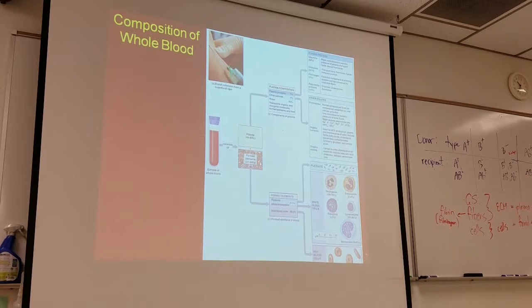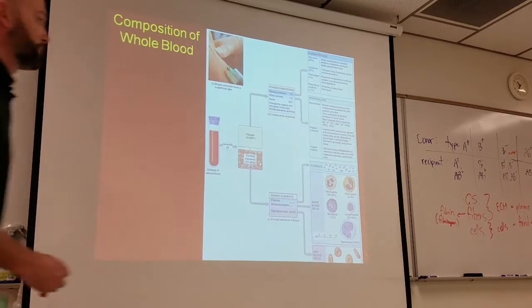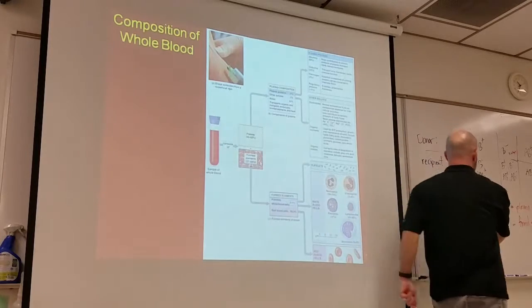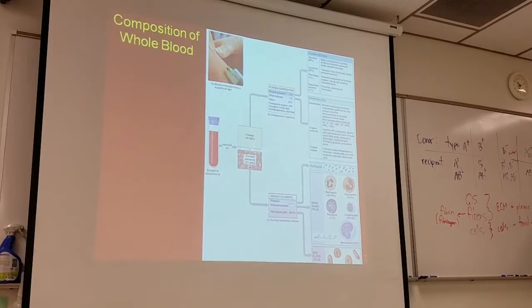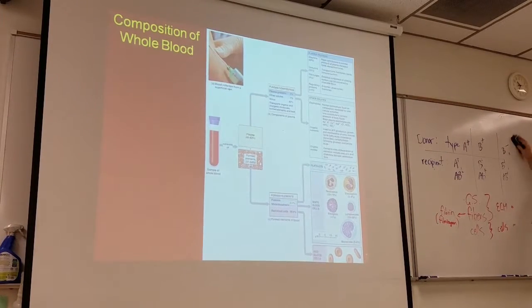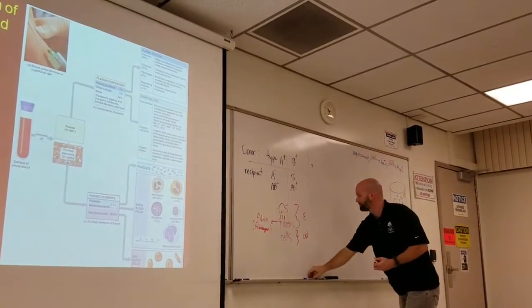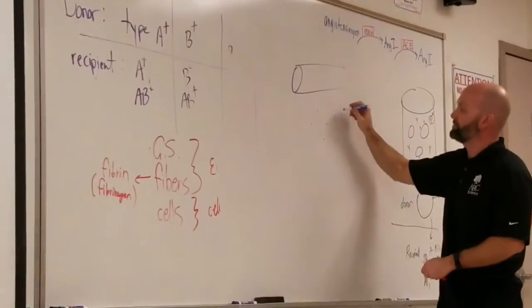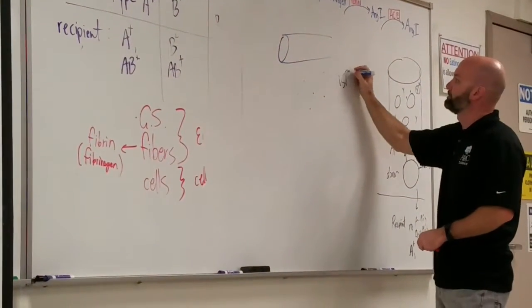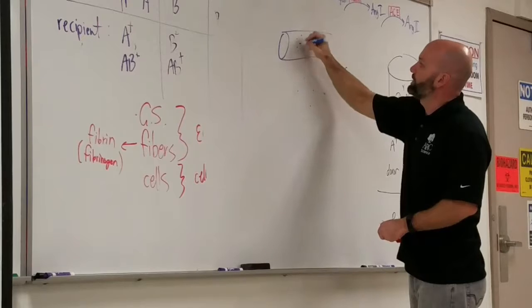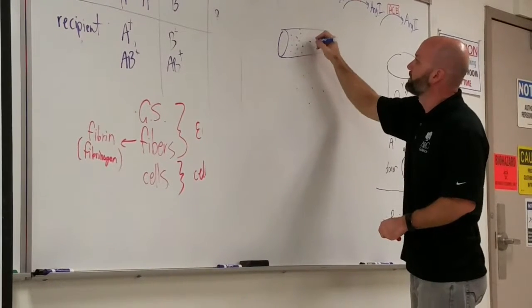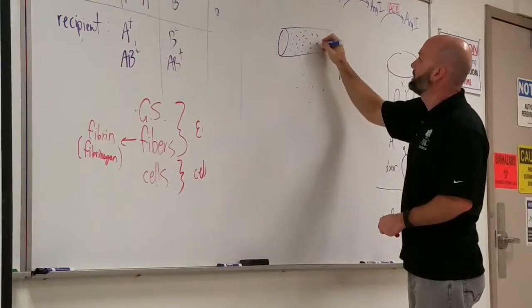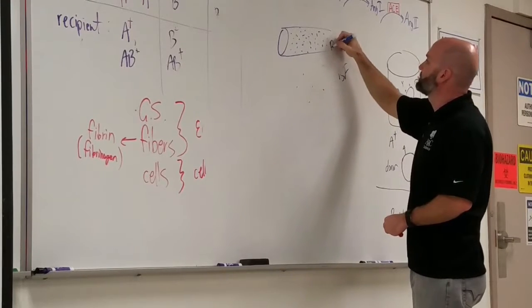Also, because it's the most abundant protein, it contributes the most to oncotic pressure. And I'll cover this a few times in the future. We'll see it again and again. But just a sneak peek here. Here's your blood vessel. Here's the few proteins you have out in the interstitial fluid. Here's the more concentrated population of proteins inside the plasma.